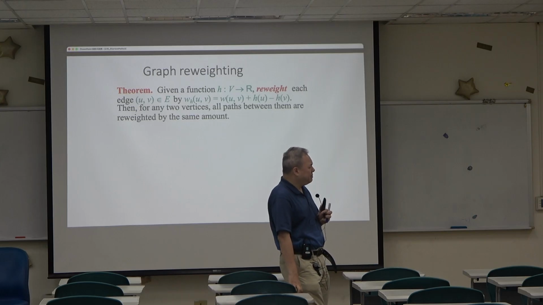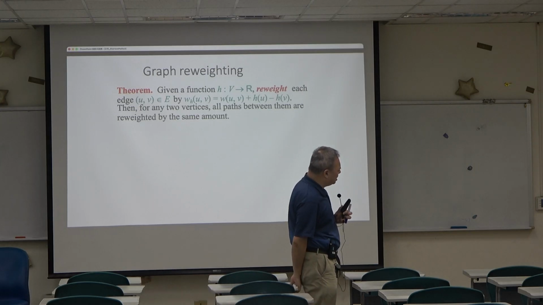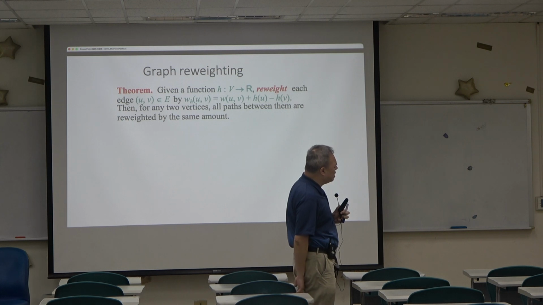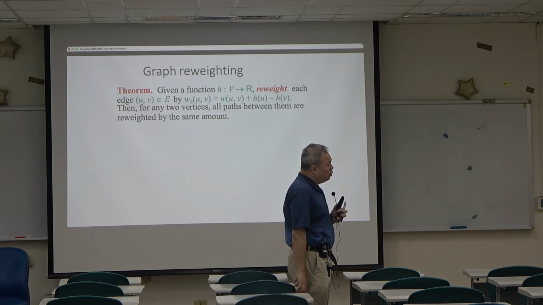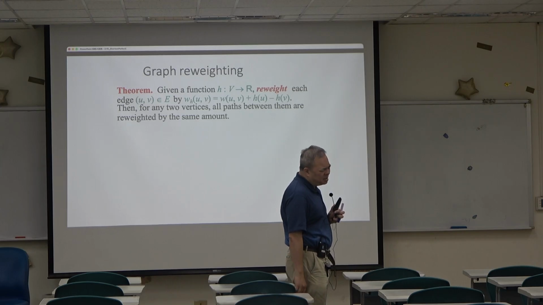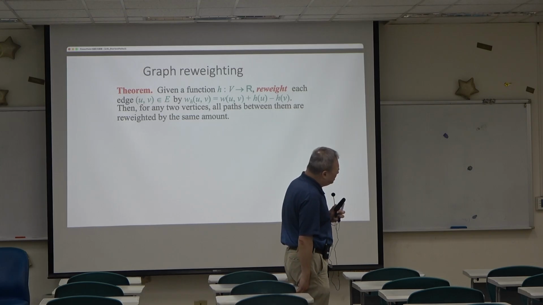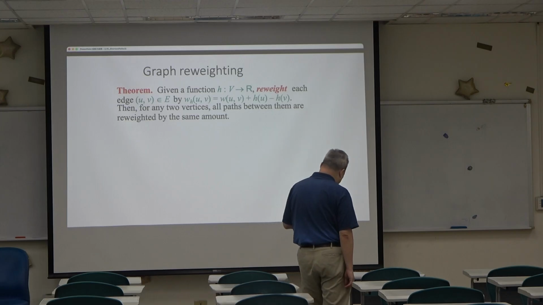So we can only use Bellman-Ford. That's one of the reasons we make use of Bellman-Ford, like for the first algorithm, and we end up with n cubed log n. So that's not ideal.